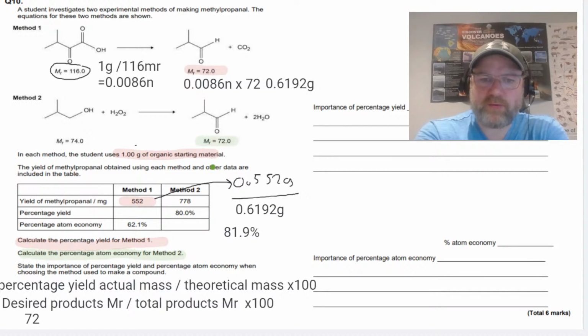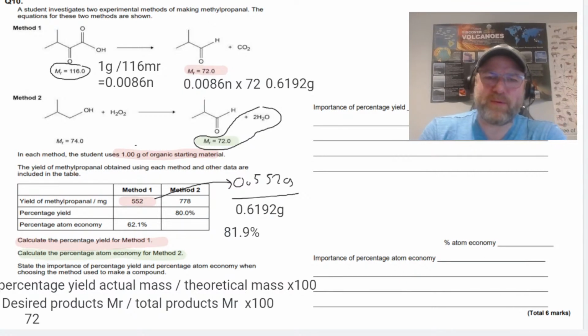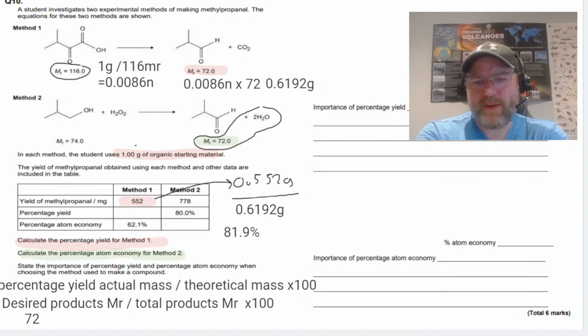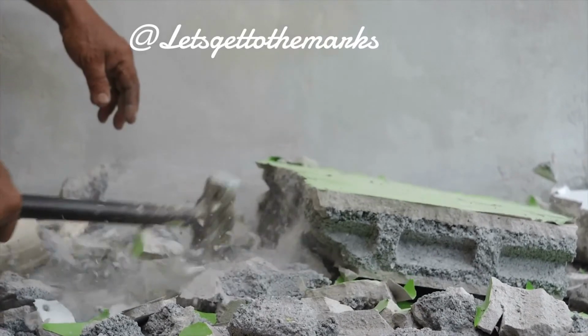Here's the desired product. What's the total MR of water and that added together? In fact, you probably know from GCSE, what is the MR of water? Anyone who thinks 18, well, you've smashed it.